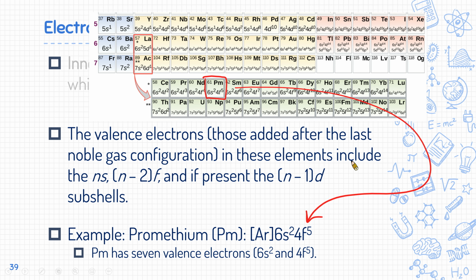In these elements, the inner transition elements include the ns, (n-2)f, and if present the (n-1)d subshells. For example, Pm, this element, the valence electrons are 6s2 4f5. Pm has 7 valence electrons, 6s2 and 4f5.